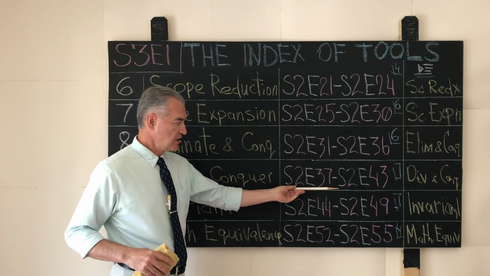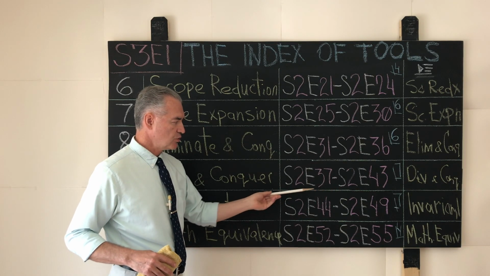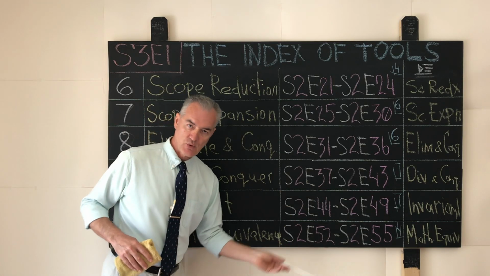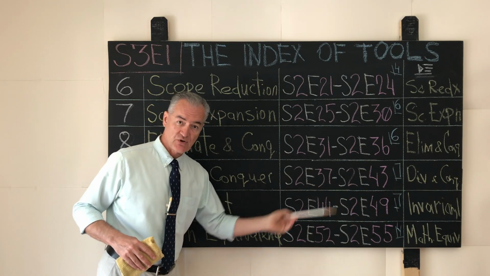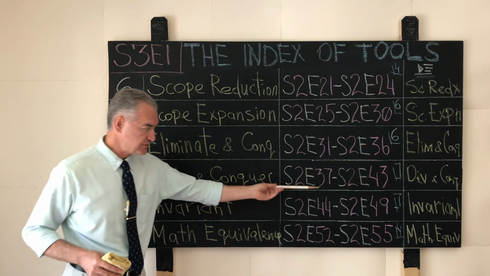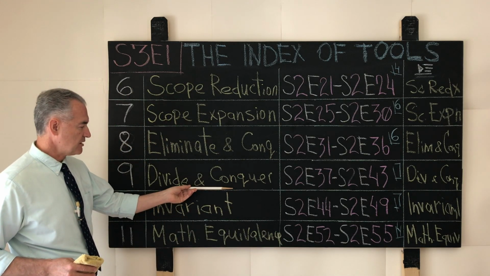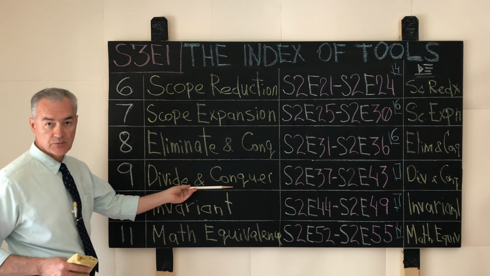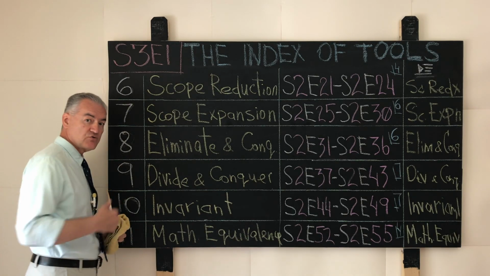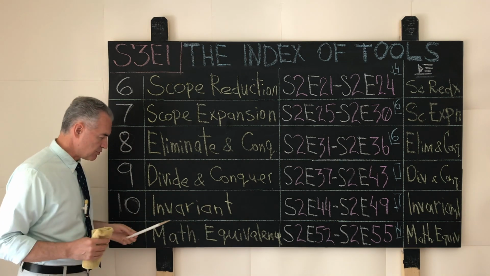If you missed it, zoom into Season 2, Episode 37, work your way through the material that we present on this channel in this episode, and voila, begin mastering the application of the divide and conquer problem-solving approach to the process of generating a solution to a technical problem.